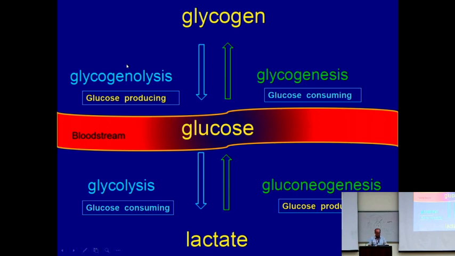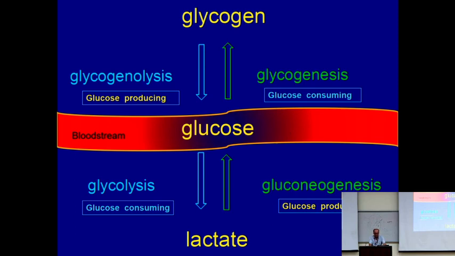So one source of glucose is breakdown of glycogen, the other one is by de novo or new glucose synthesis from smaller molecules. Both of these will contribute to restoring blood glucose to its normal levels. Okay?